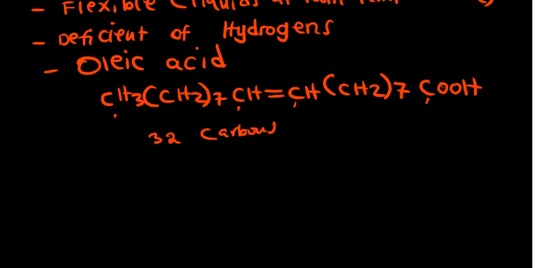Here we have 7 plus this 7, we have 14. Then plus this 2, we have 16. Plus this 2, we have 18. So 18 carbons. Then hydrogens, we have 14 plus 14, which is 28, plus this one 29, plus this one 30, plus this one 31, plus this 3 here, we have 34.